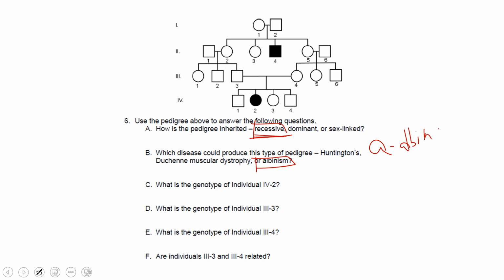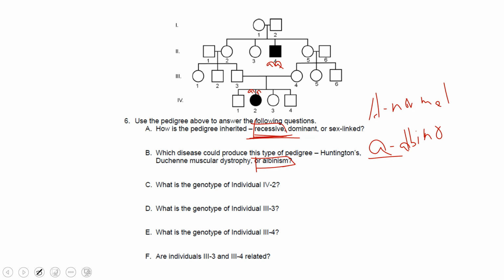Capital A means normal. If a person is shaded in this time because it's a recessive condition, they must have little a, little a. So we can fill in both of those people, and then we're going to start extrapolating from there. But let's come down to the questions and see what it asks.